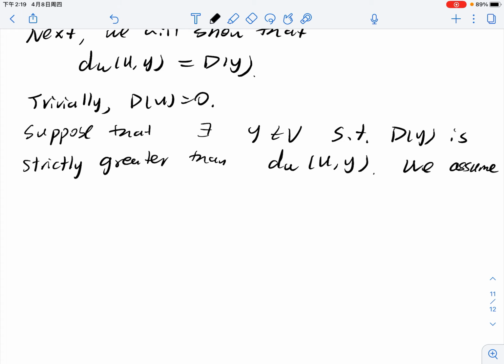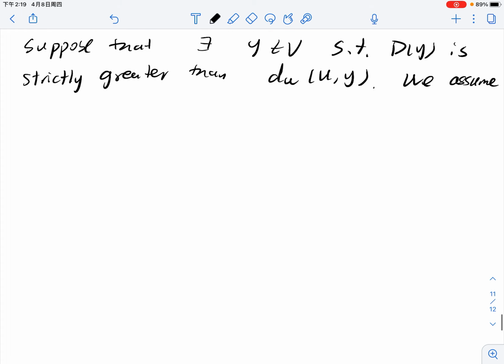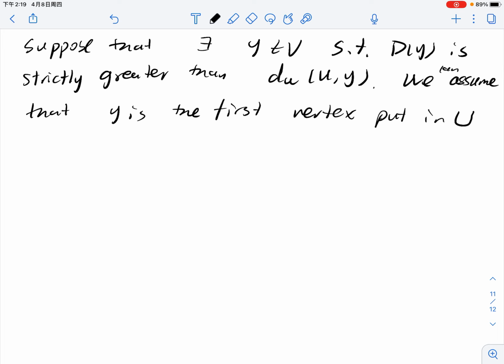We always push this to the extreme case: we can assume that y is the first vertex put in U with this property.